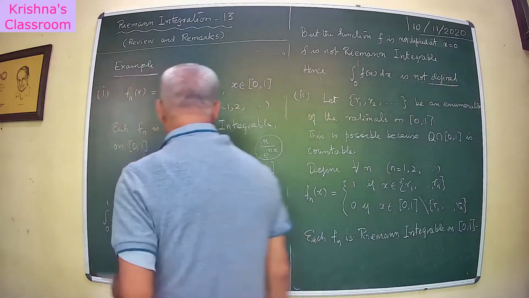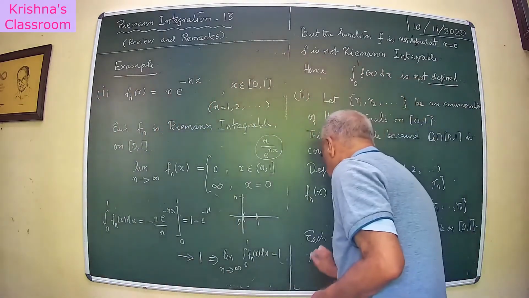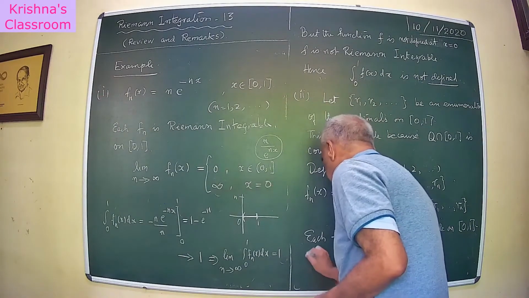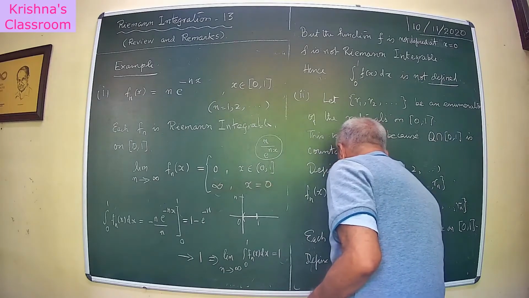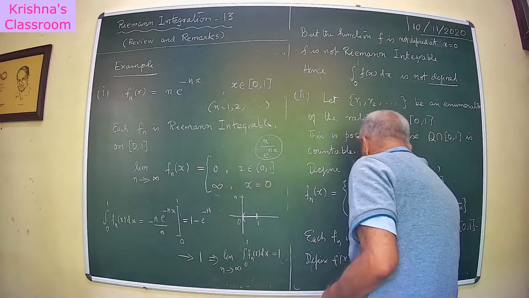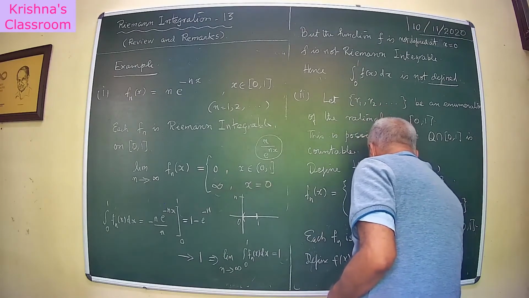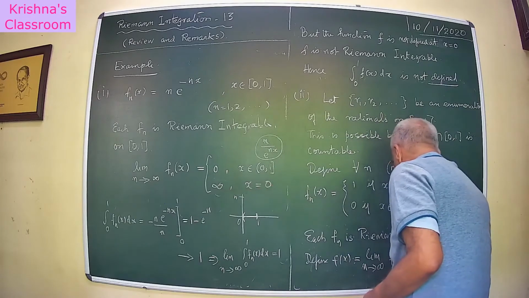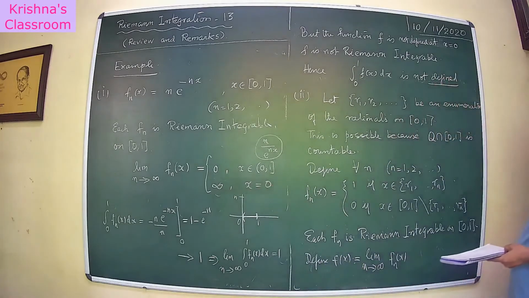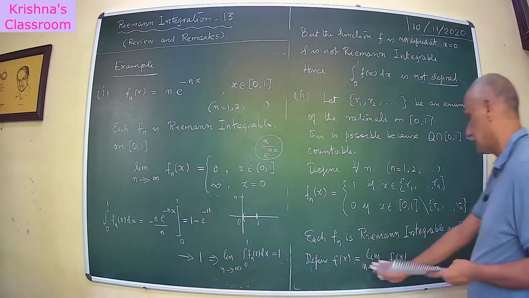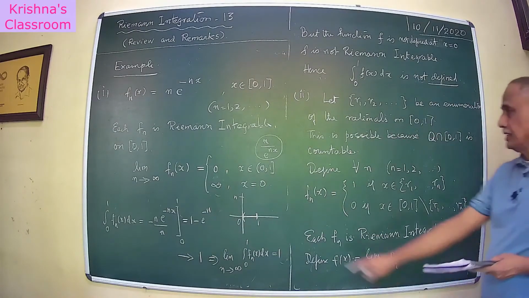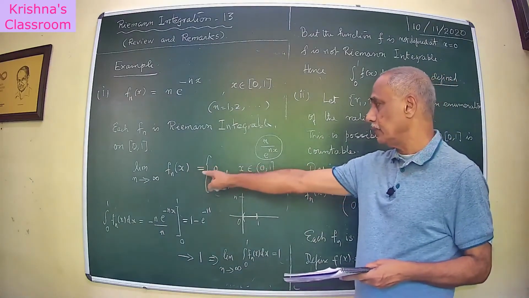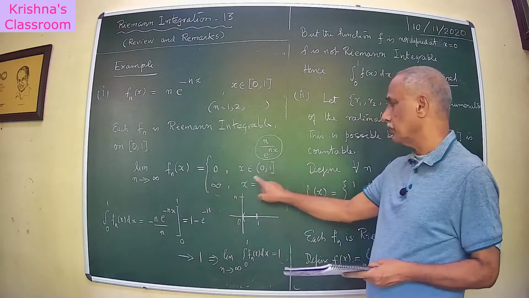Okay? What about the limiting function? So let us define the limit. There is a change from the previous one: the limit as n tends to infinity of f_n(x) equals 0 for x belonging to [0,1], and otherwise.